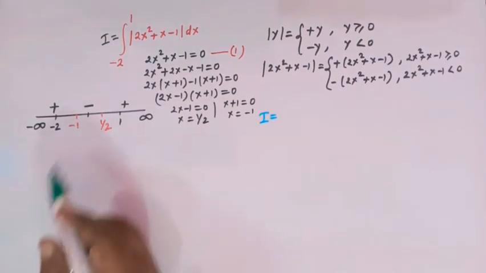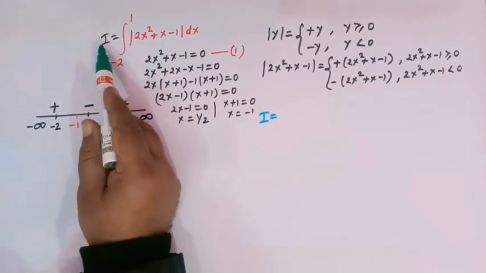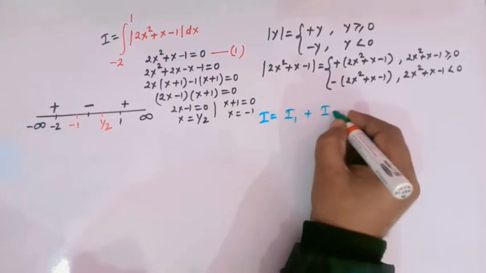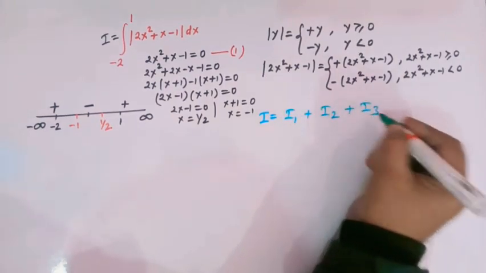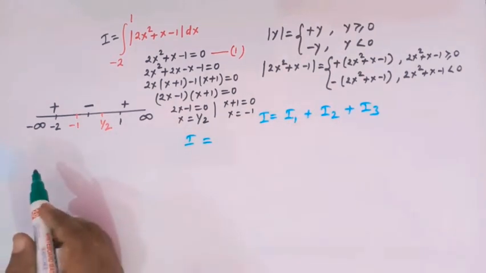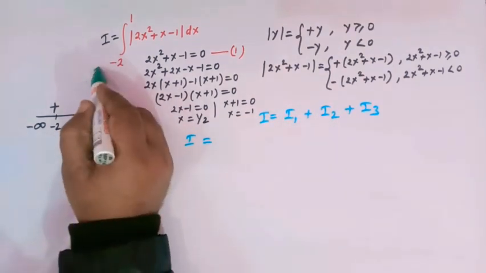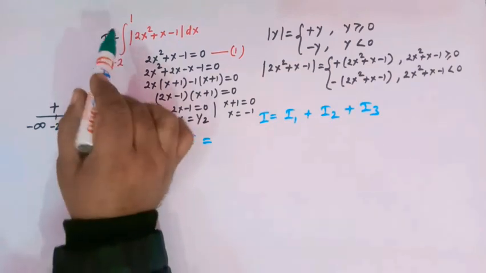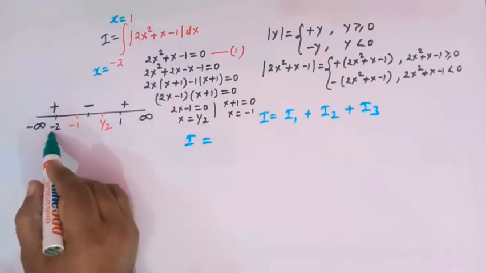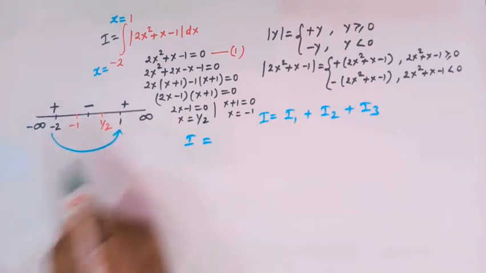So now viewers, this original integral can be written as a sum of three integrals, and for the first integral I1, we have to integrate from x equal to -2 to x equal to 1, so we have to go from -2 to 1, right?